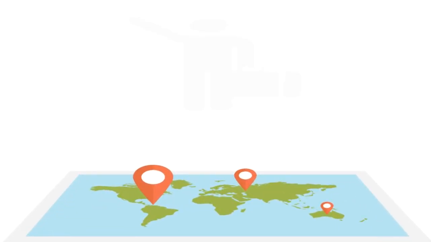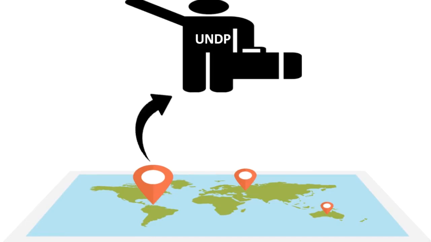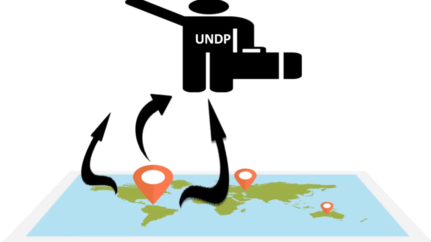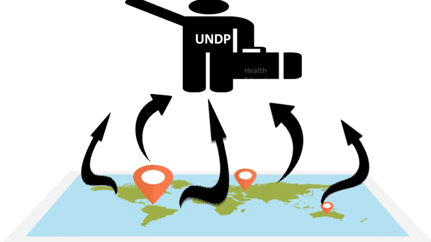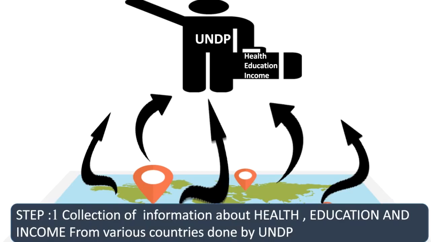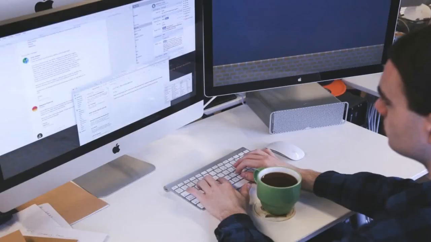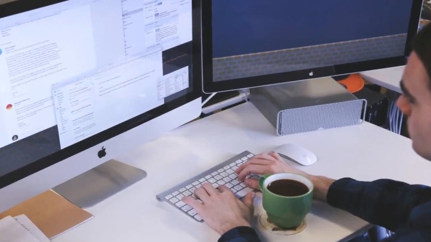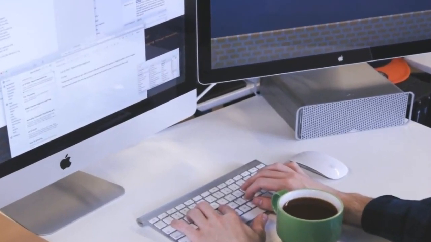At the first stage, the UNDP collects information about income, health, and education from world countries. Once the collection of data is over, they get involved in further analysis and interpretation.